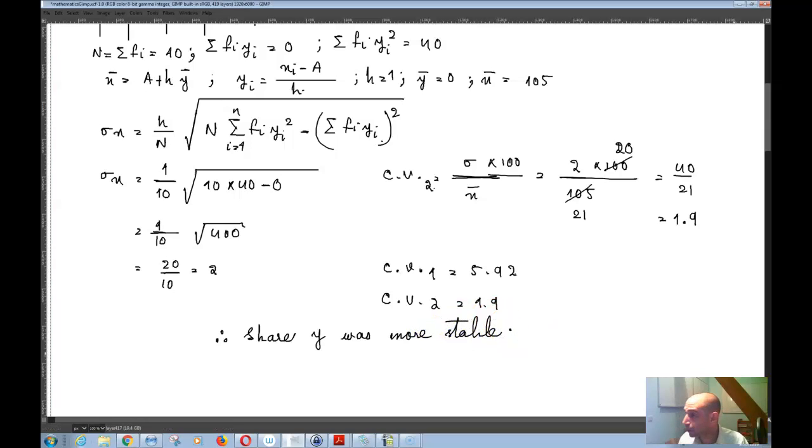Let me take a look at the answer here. Share Y was more stable, and as far as the answers are concerned, they were basically 5.91 and 1.9.